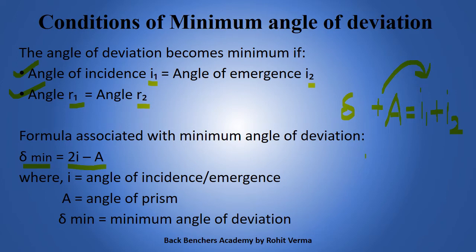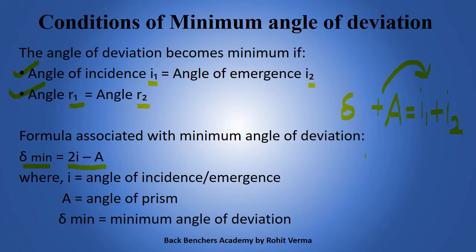Number two, R1 should become equal to R2, which means the first angle of refraction should be equal to the second one. R1 equals R2 and I1 equals I2. Both conditions should be applied together, not just either of them, both of them.